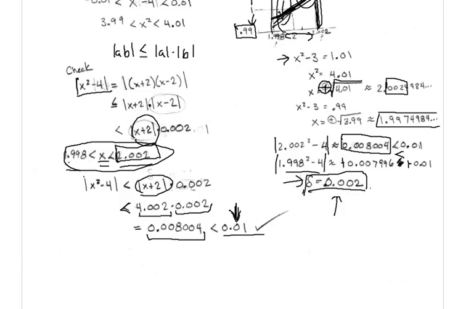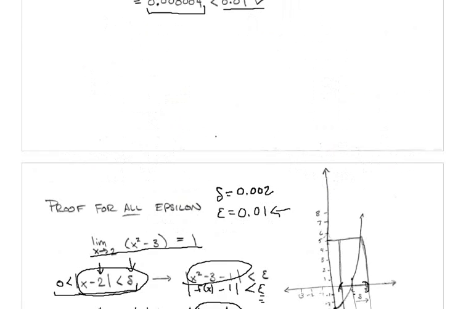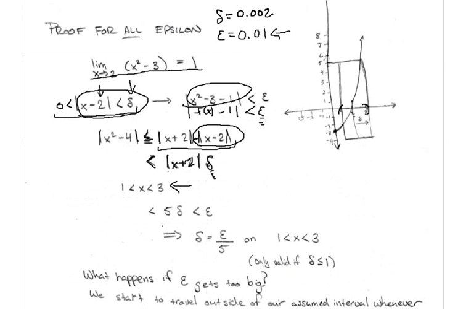So x was between 1.998 and 2.002. But this trick works for any interval that you choose. You just have to extend the argument just a little bit after this.